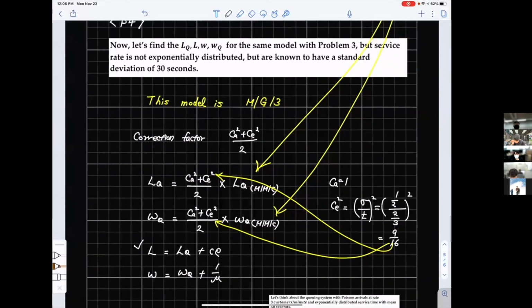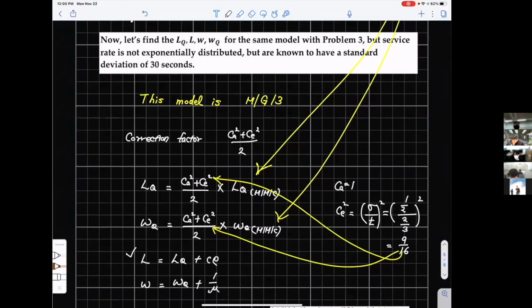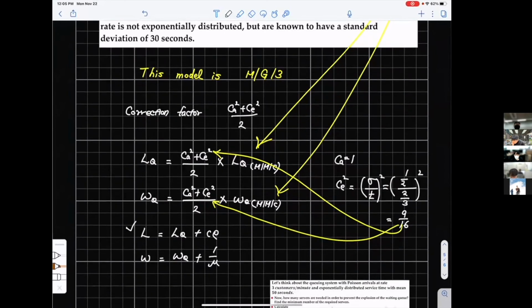I would not calculate term by term, but most students have calculated in a successful way by using this correction factor. So please remember that when converting the MMC model to the MGC model, you have to calculate each index based on MMC.